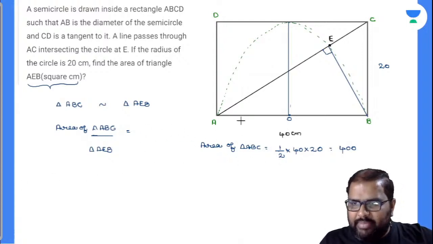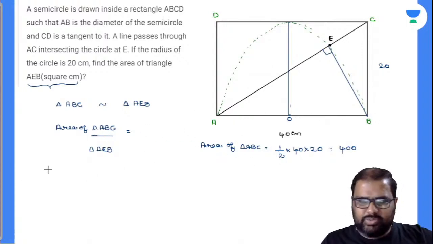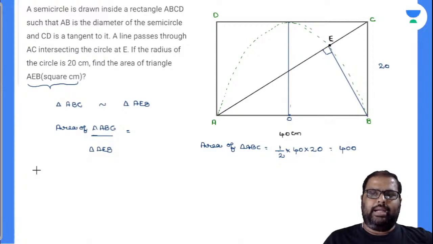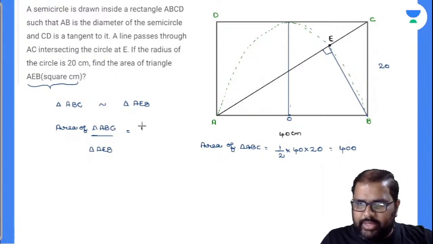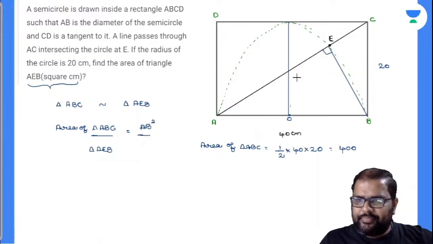For ABC I will be taking this hypotenuse value, beta. Area is 400. What value should I take there? So see here, AB square here. This is the hypotenuse value. Now here, what is the hypotenuse value there? Sorry.